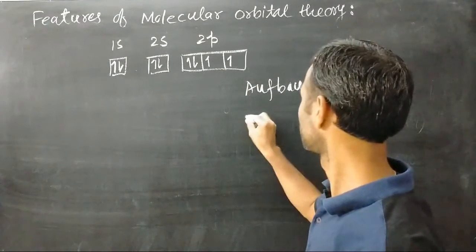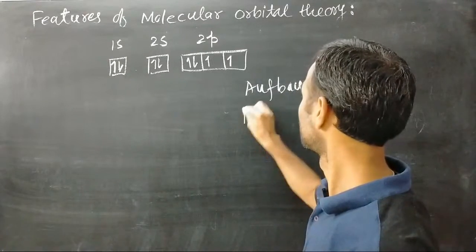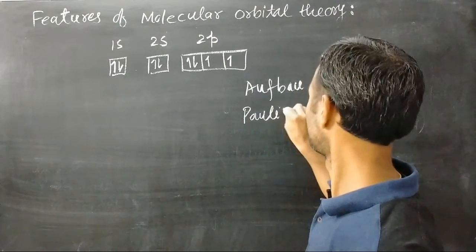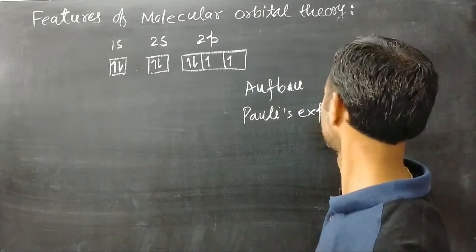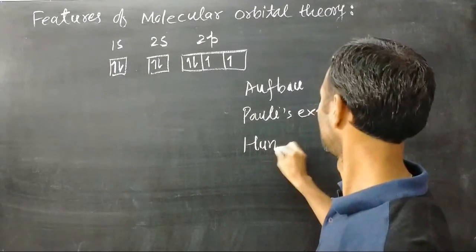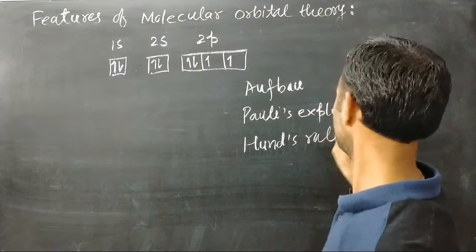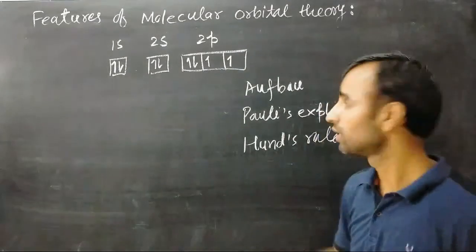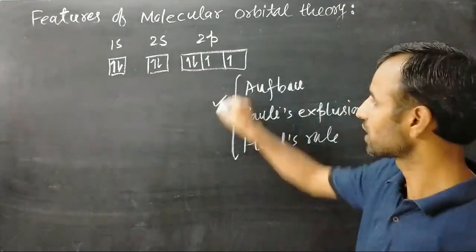These three principles: Aufbau principle, Pauli's exclusion principle, and Hund's rule are applicable to molecular orbitals as well.